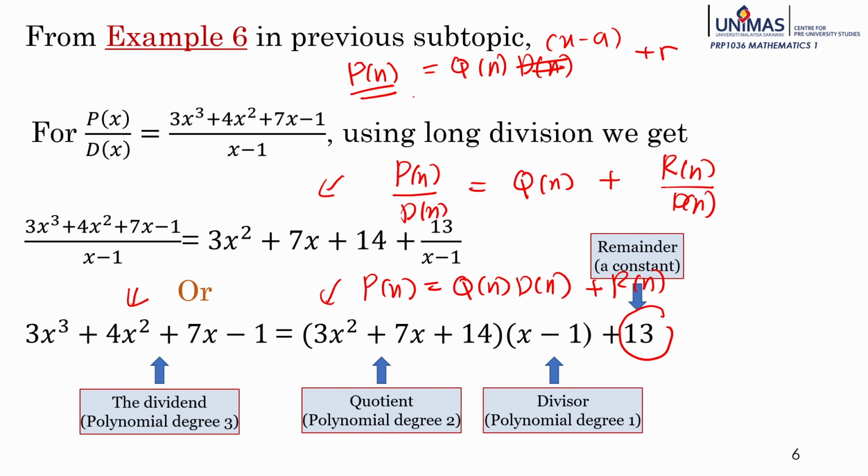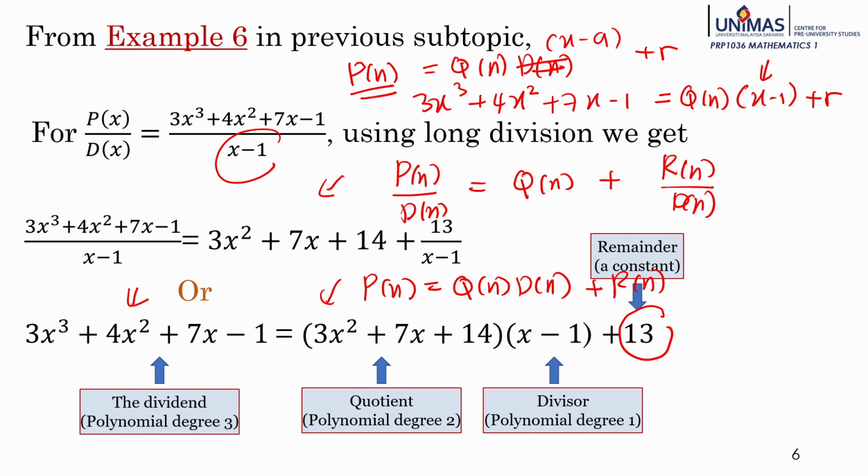So 3x cubed plus 4x squared plus 7x minus 1 equal to Q(x), and then d is x minus 1, x minus 1 plus r. We substitute the value of a for x, so that becomes 0. How do we find it? x minus 1 equal to 0 means x equal to 1, so we can substitute the value of a as 1.